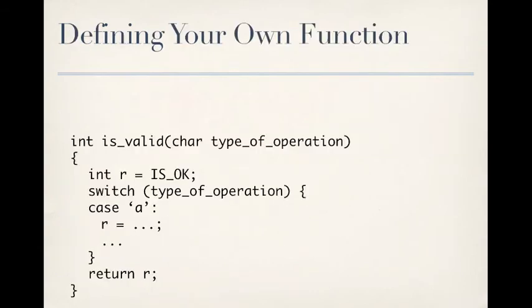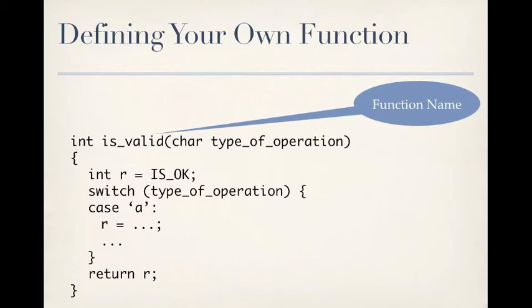Good. Now we look into how to define our own function, and just go through that. It's pretty easy. It's similar to a main function, and then to any method in C#. This is the name, and here we have one argument. We could have more arguments.